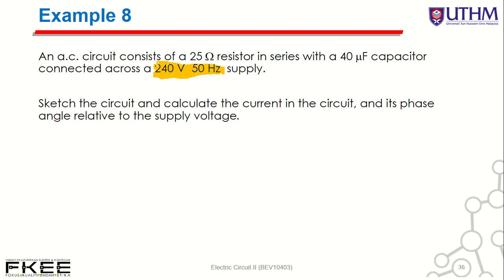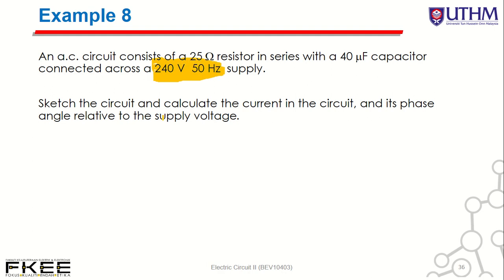What is the meaning of 240 volt? Is it the RMS value or the peak value? There is no information of current or angle given in this question. This is the RMS value, because this is given with the frequency. Commonly, information given with frequency is basically the RMS, not the amplitude.